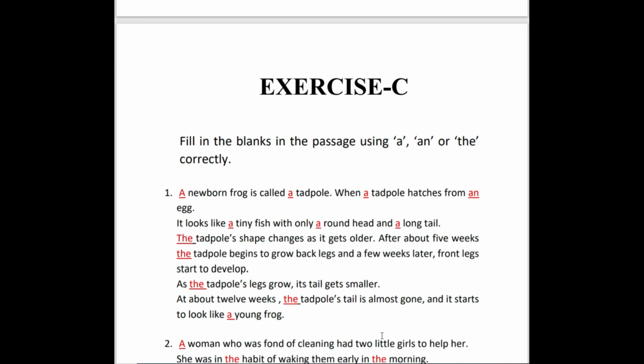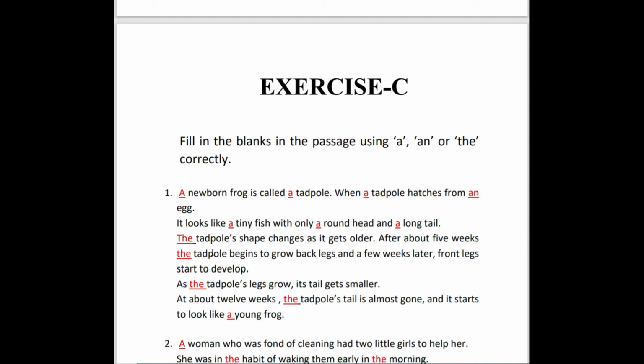As the tadpole's legs grow, its tail gets smaller. At about 12 weeks, the tadpole's tail is almost gone and it starts to look like a young frog. So, have you seen the difference between definite and indefinite articles? Here comes a tadpole, and then an egg, then a tiny fish, a round head, a long tail.